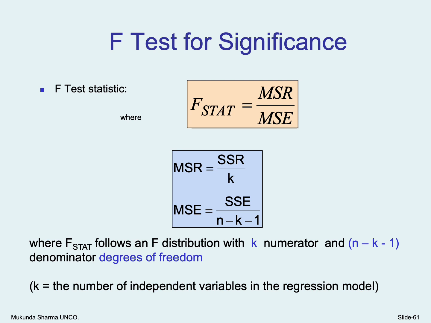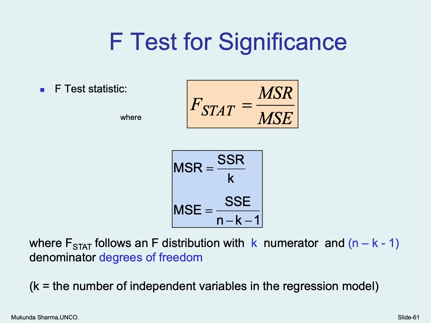And another test, the F-test, is used to examine whether there is a significant relationship between all independent variables and the dependent variable. We are going to use the F-test for overall significance.